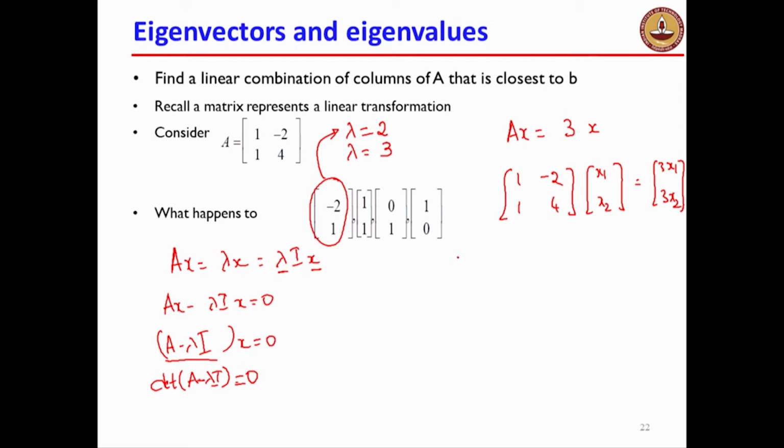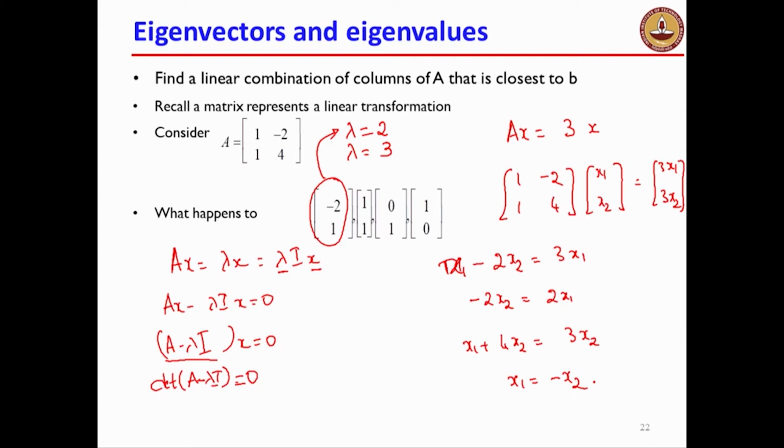So you expand it out, you get x1 minus 2x2 is equal to 3x1. So minus 2x2 equal to 2x1, that is the first equation. What happens to the second equation? You get x1 plus 4x2 equal to 3x2. So both of these are the same equation, x1 equal to minus x2.